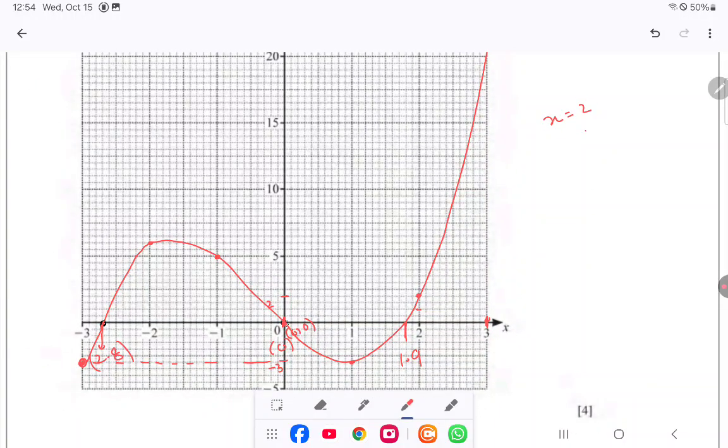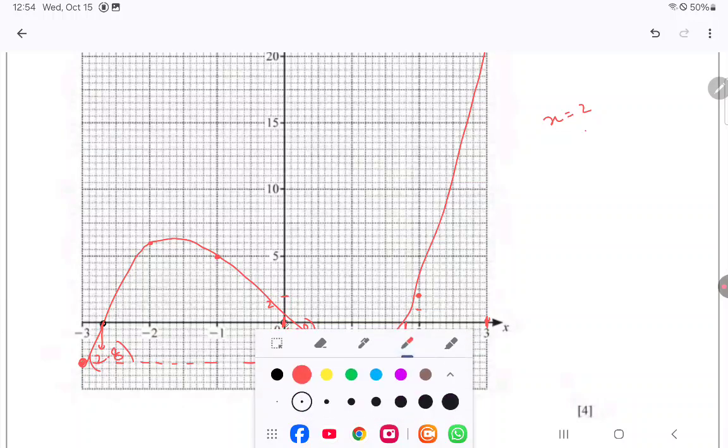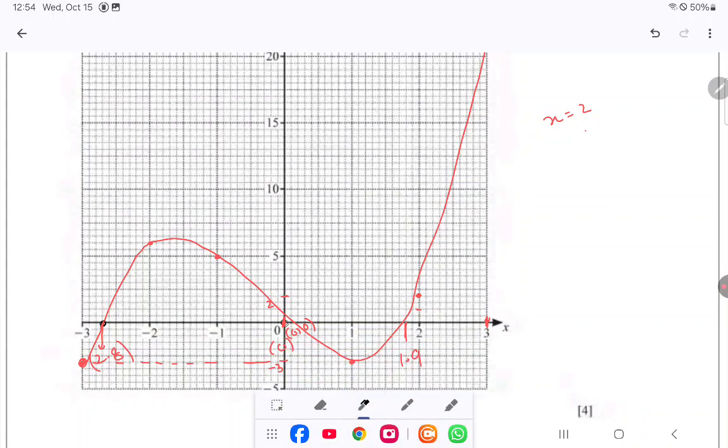We can draw in order to draw a straight line. Consider this our second point. Something like that.